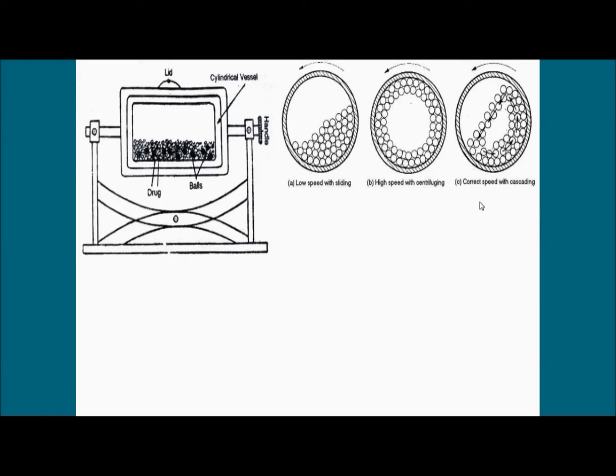The appropriate or correct speed is the cascading one. Here you see, it is centrifuged but to a lower extent. Once the drug is crushed between the balls, it will fall again here, get crushed again between these balls, and fall again. In this direction the balls will move and the drug is going to get crushed.